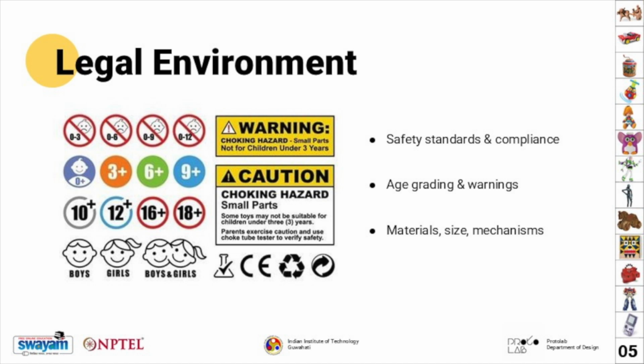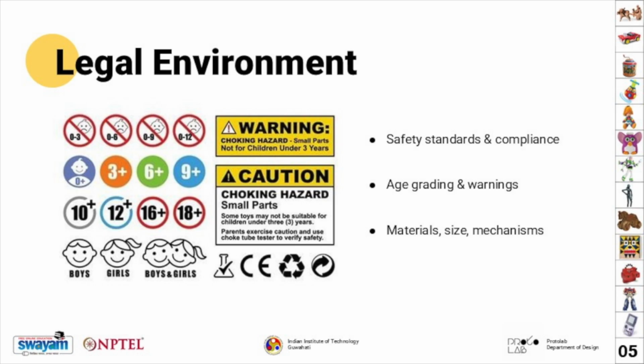The legal environment is one of the strongest forces shaping toy design. Unlike adult products, toys are legally treated as high-risk objects. They must comply with strict safety standards because children explore with their bodies.